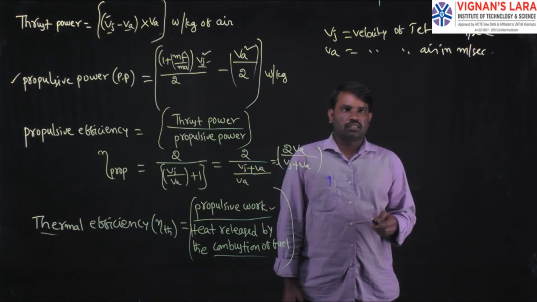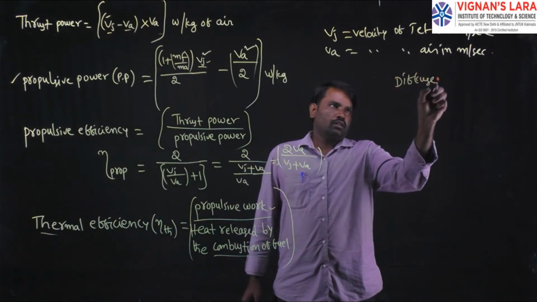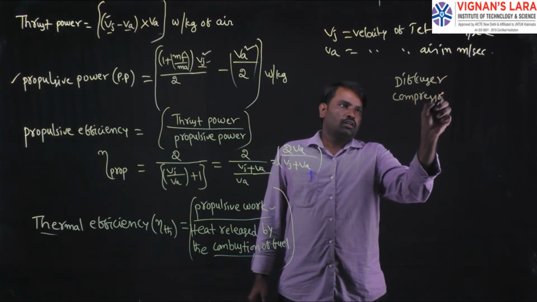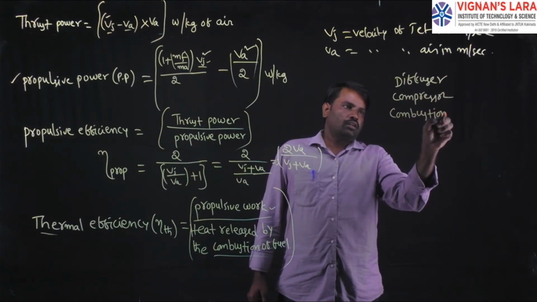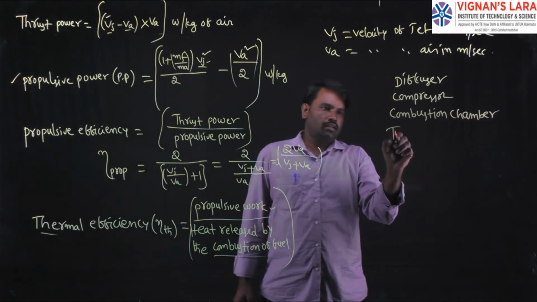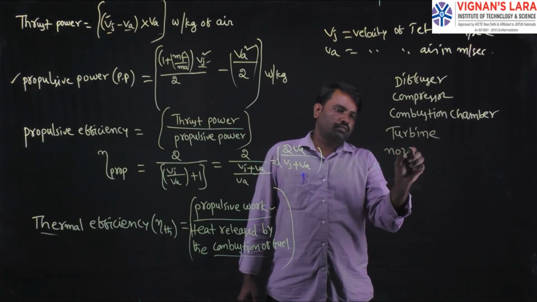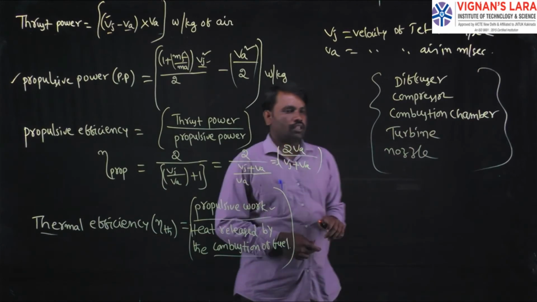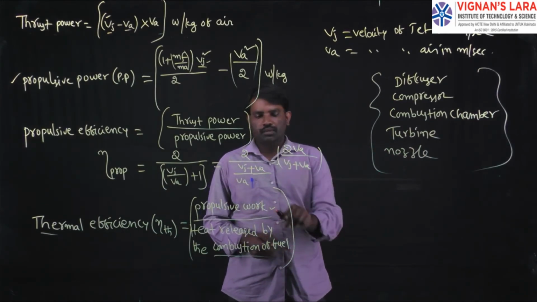A jet engine consists of diffuser, and compressor, and combustion chamber, and turbine, and nozzle. These are the necessary components of the jet engine. With the help of these necessary components only we are producing the propulsive work.